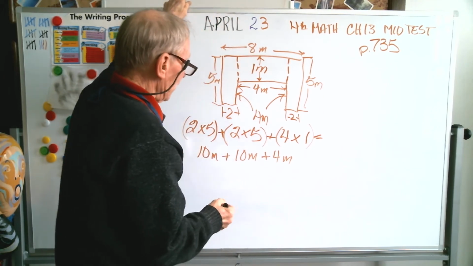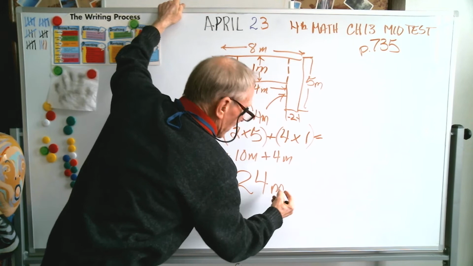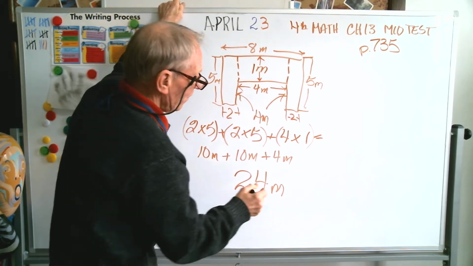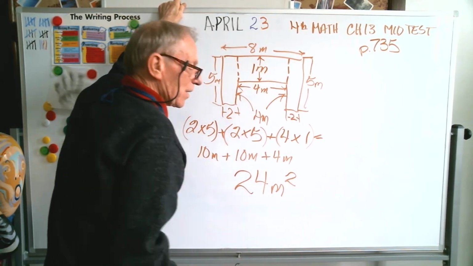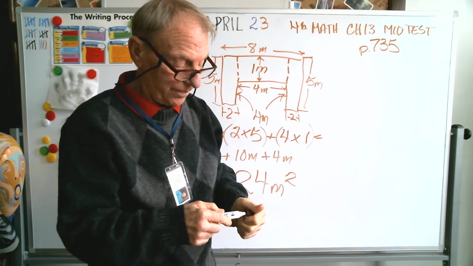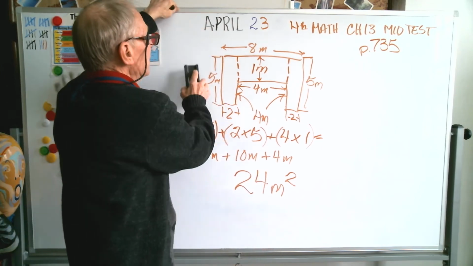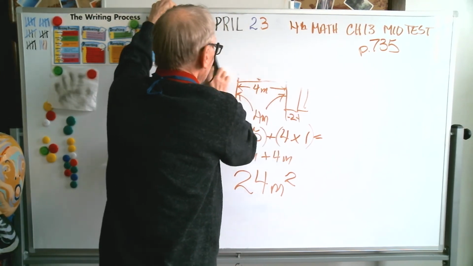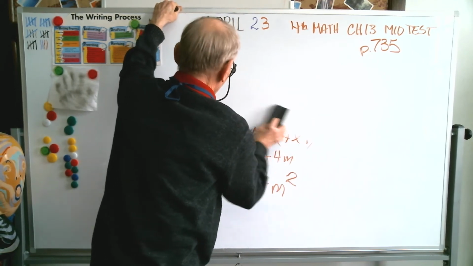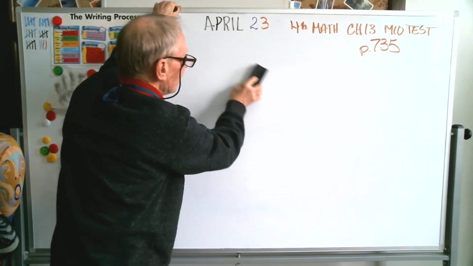So your answer is 24 meters, and because it's area, that'll put a little 2 up there, to indicate that it's square meters. You shouldn't have any problem with the other 2 problems on that page, because you solve them the same way.